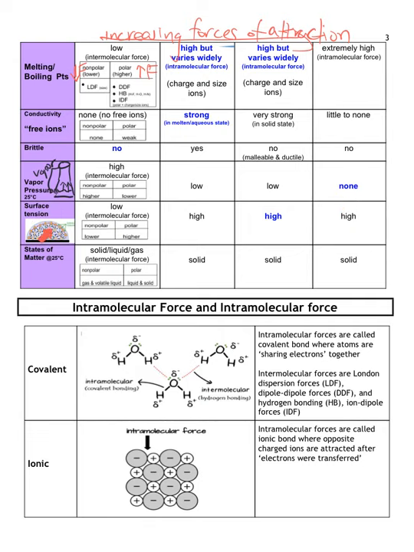Surface tension is a characteristic where you're looking at how tight the bonds are. However tight those bonds are on the surface of this drop of liquid will cause the concavity of this drop to be more concave or less concave. So the degree of concavity will determine that surface tension.